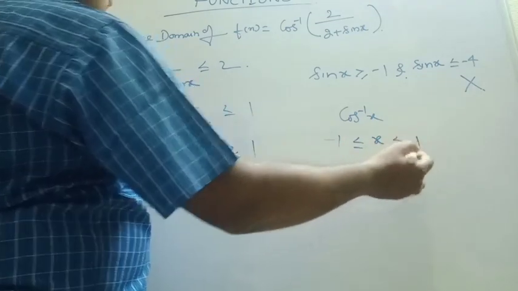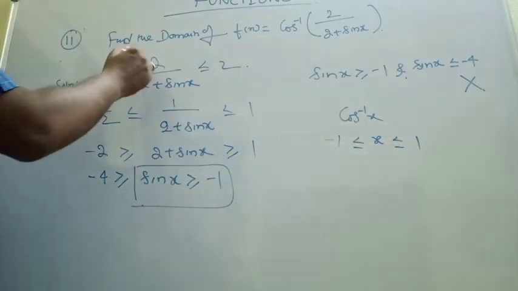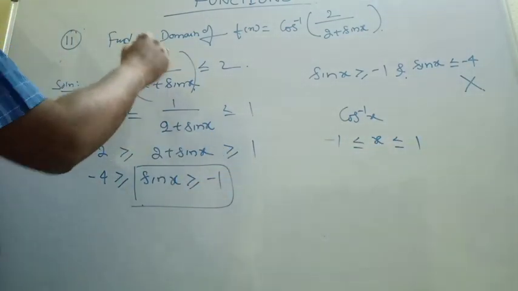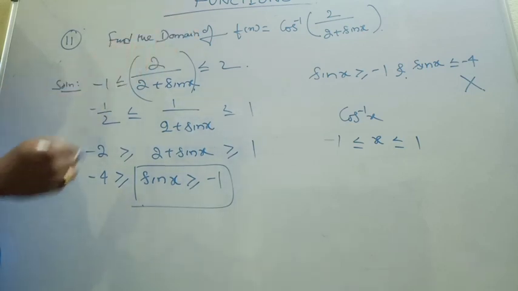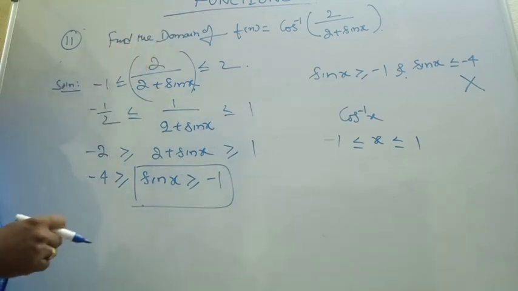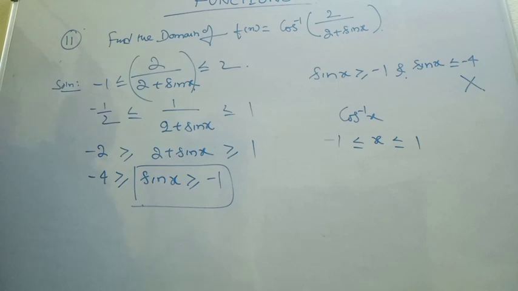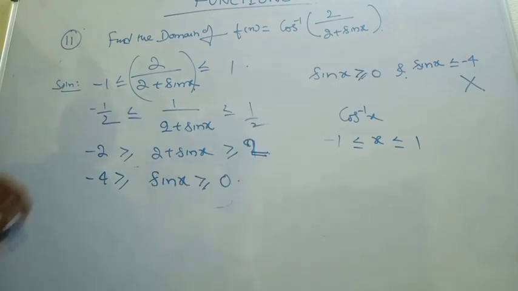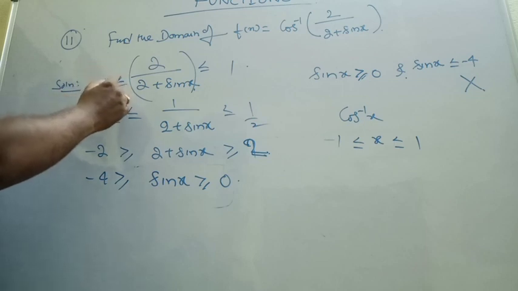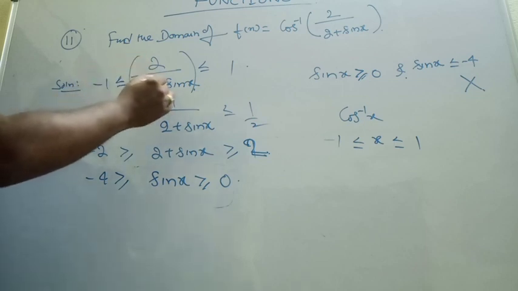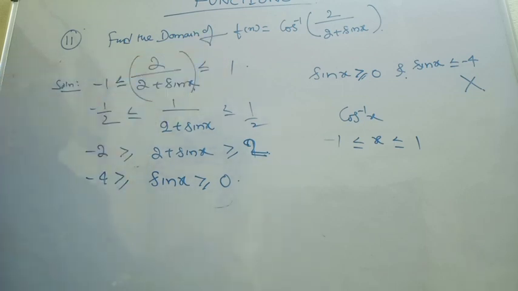Therefore here, in the place of x, we have 2 by (2 plus sin x). It lies between minus 1 and 1. That's why we have minus 1 lesser than or equal to 2 by (2 plus sin x) lesser than or equal to 1.